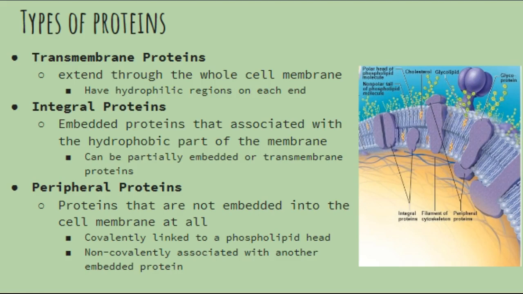They are either covalently linked to a phospholipid head on the cell membrane, or they are non-covalently associated with another embedded protein. So this can all be seen in the picture to the right, where integral proteins are labeled. So there's one that spans the whole membrane and one that's only partially embedded. And it also shows you a peripheral protein that in this case is attached to another protein.